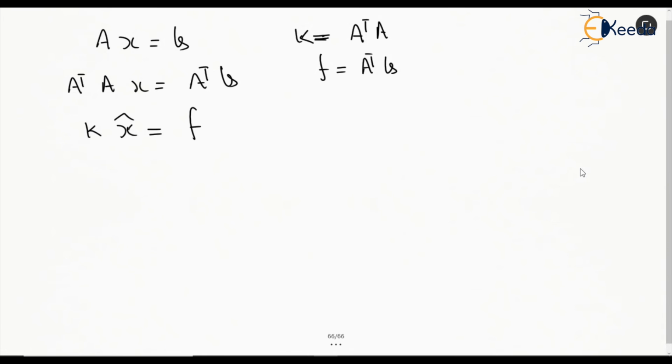So this is what we have as the normal equation. We can solve this by Gauss elimination also, and find what x is.